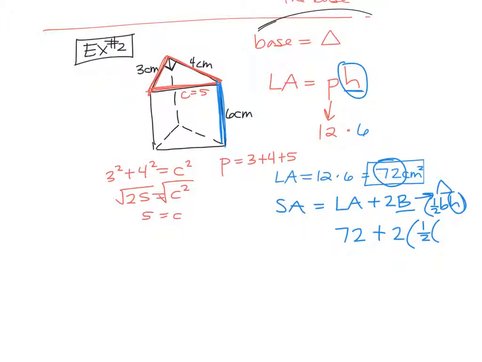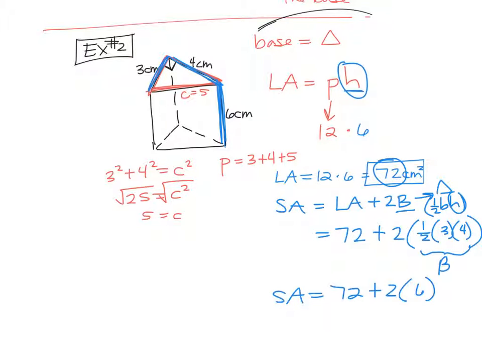3 and 4, right? Your triangle has a base and a height of 3 and 4. So 1/2 times 3 times 4 is going to give you, so this whole thing right here is your capital B. Okay? So if we simplify that, we get a surface area of 72 plus 2 times 1/2 times 3 times 4 is 6.